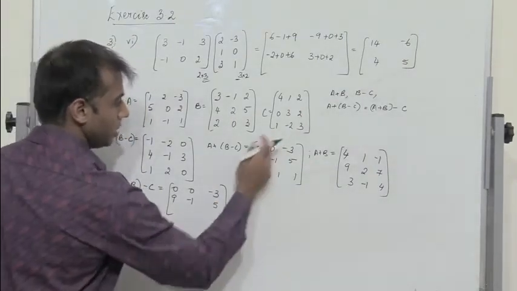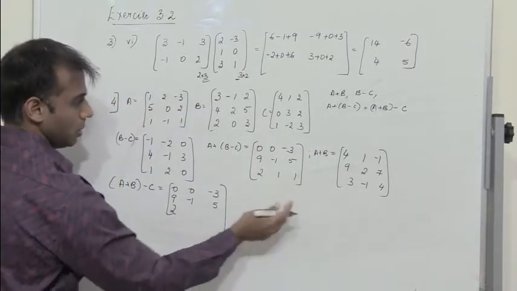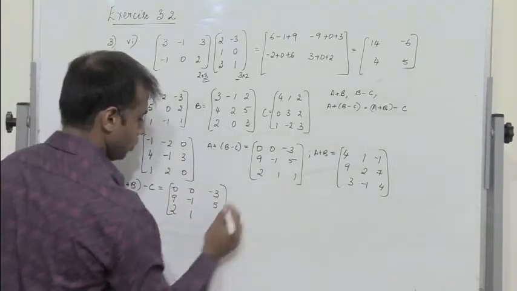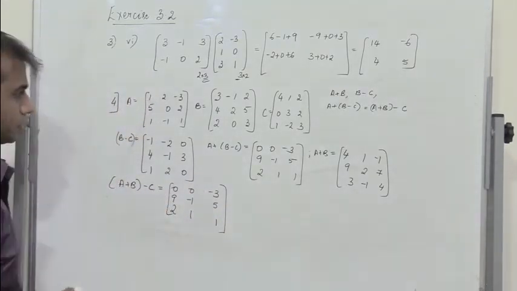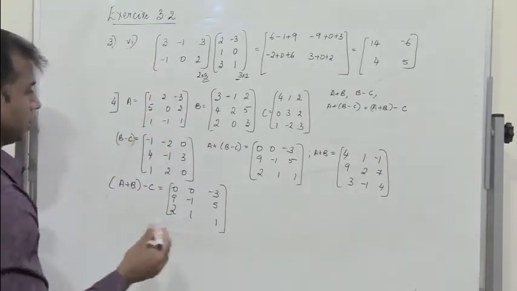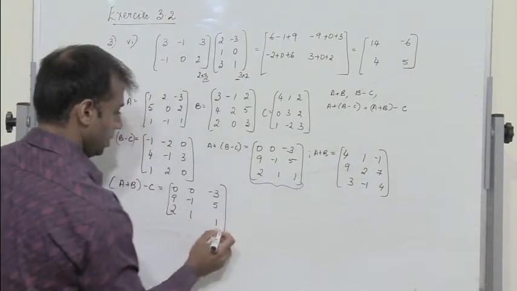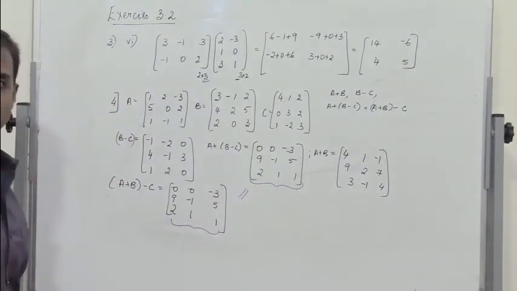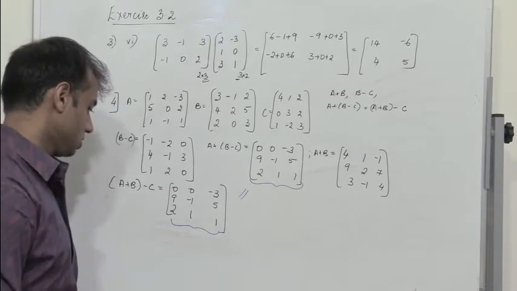And then I have 3 minus 1 is 2, minus 1 plus 2 is 1, 4 minus 3 is 1. Right? So what we observe is that this matrix and this matrix are one and the same and they are equal. Right? So we have proved the associative law.